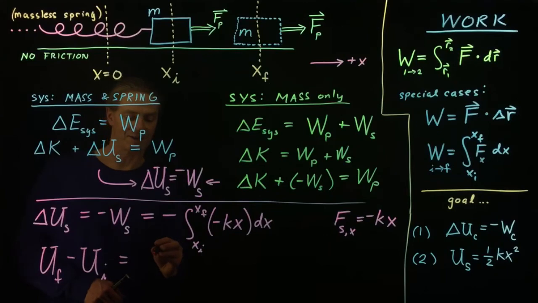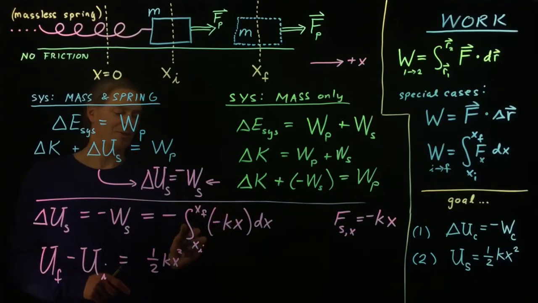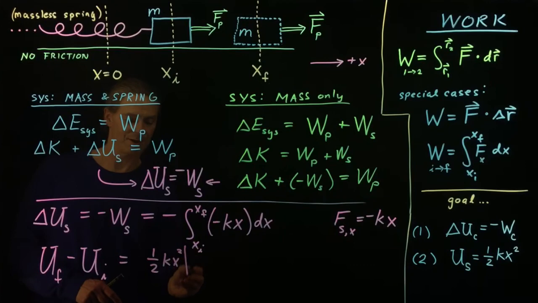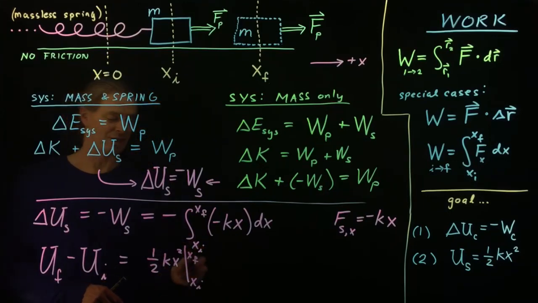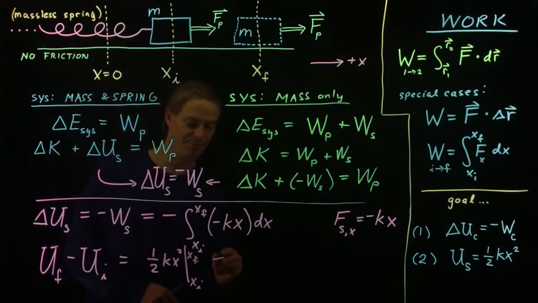So integral of that's going to be 1/2 kx squared. And I've got to evaluate it at the limits. I'll just put the limits here. I didn't really leave myself enough room. Going from x initial to x final. This is representing the top of the limit. I just didn't have room for it.